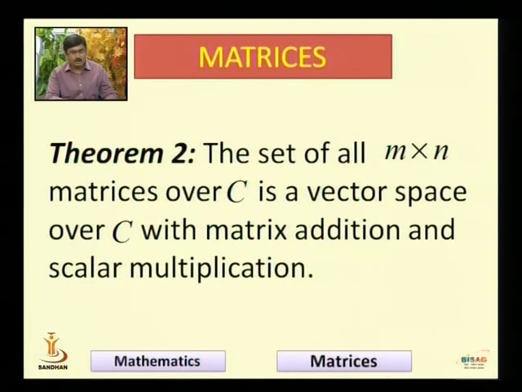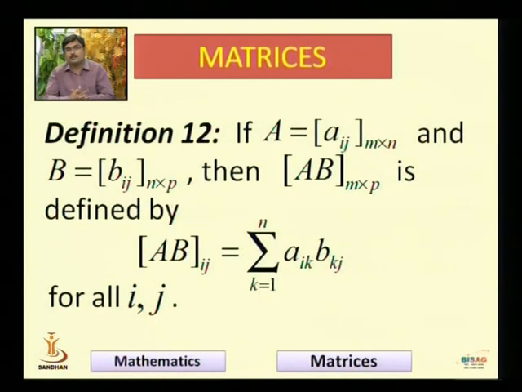Okay. So, now let us go further and define another operation on matrices. This is a bit more complicated than the operations of addition and scalar multiplication that we have just defined. So, what is the basic requirement for multiplication of matrices?